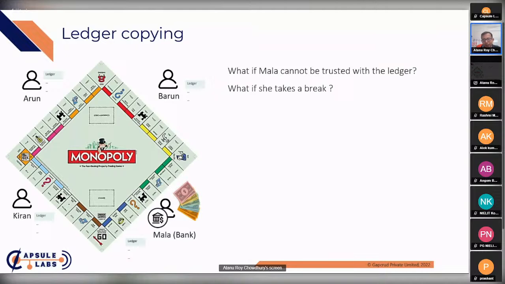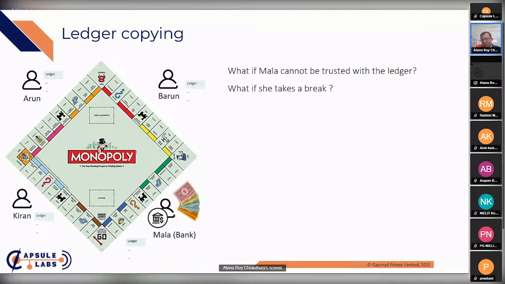But what we have done is just change the scale of the problem. Instead of saying that if everybody was maintaining their own ledger, they would all have the correct version of the truth, what is there to guarantee that when a transaction happens, all of them observe the same transaction in the same sequence?